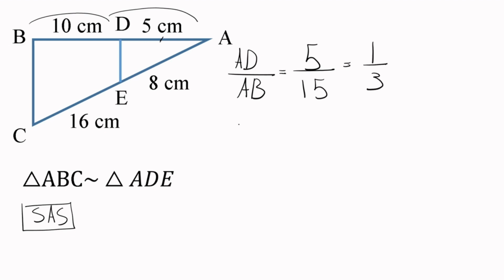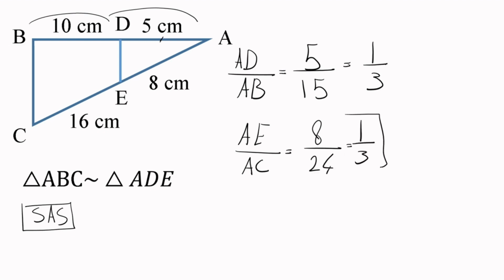Again, I'm going to start from the smaller triangle. AE over AC is going to be 8 over 24, exactly like the method that I told you, 1 over 3. So these ratios are equal to each other. So AD over AB is equal to AE over AC.